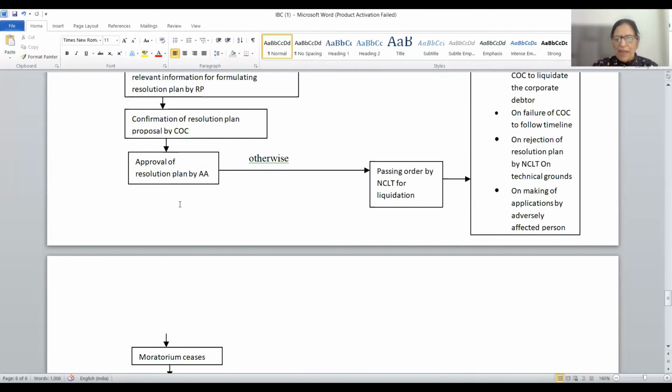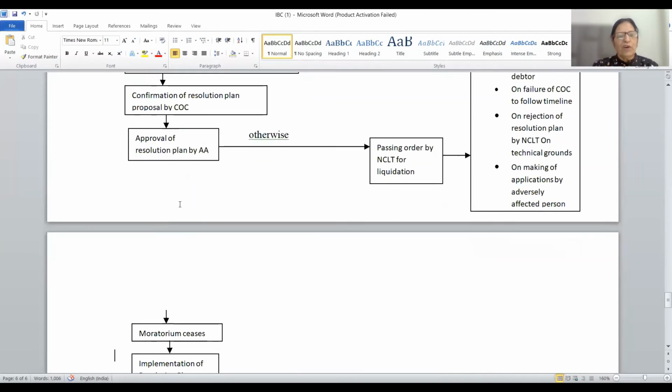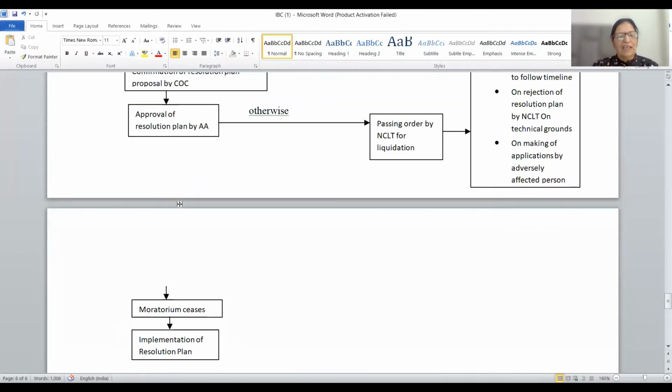If it is approved by AA, then the moratorium ceases and the resolution plan is implemented. And if this resolution plan is not approved by AA, then NCLT passes the order for liquidation.